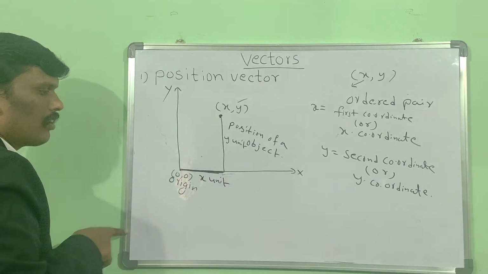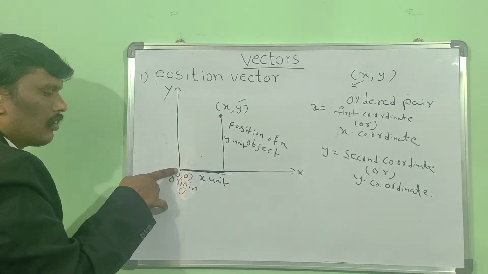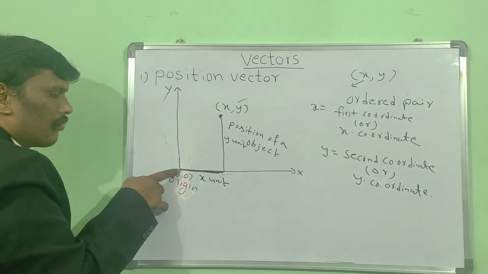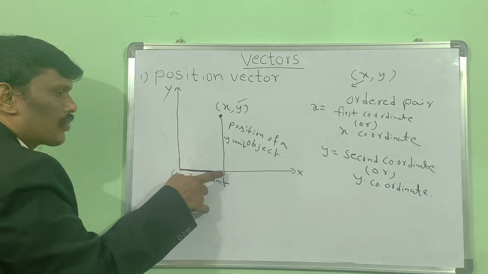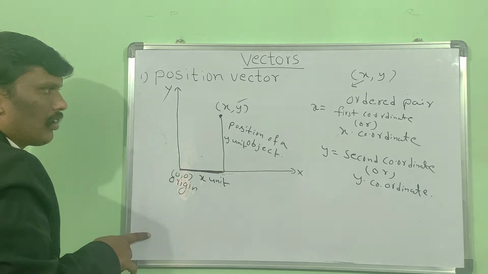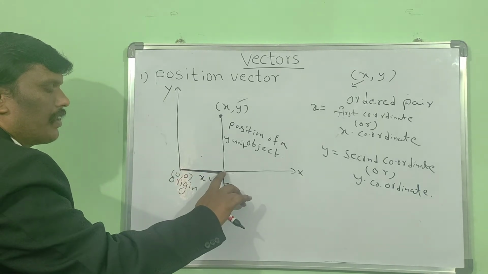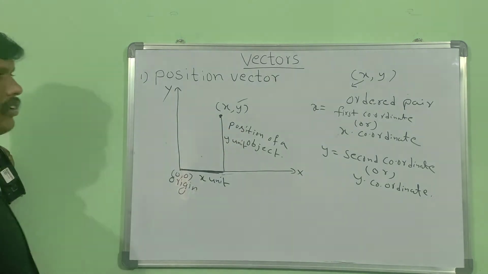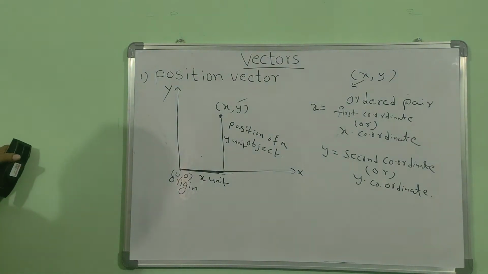From the origin, to reach that position, we need to travel x units along the x-axis, and from that point we need to travel y units parallel to the y-axis. Then I reach that position. How do we write it?